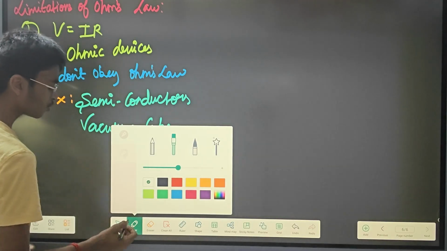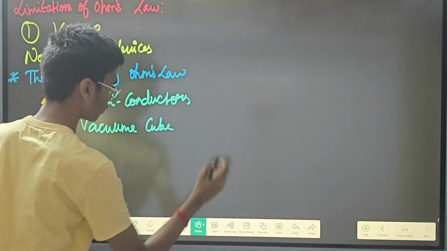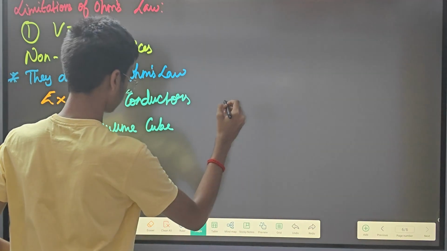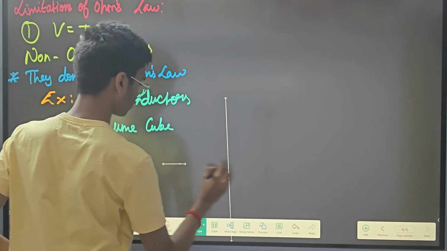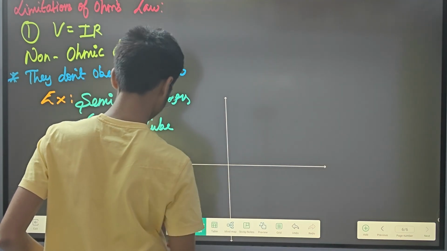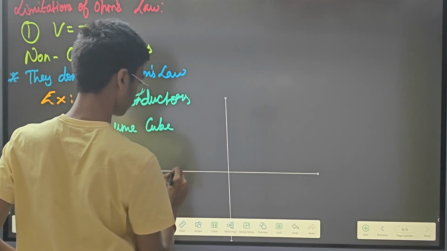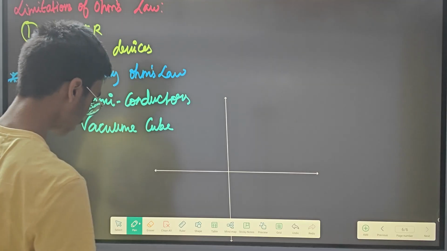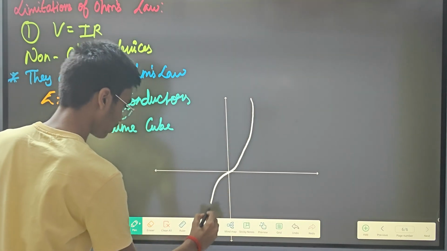Okay, and the graph for them will be like this. It will be like a tan graph.